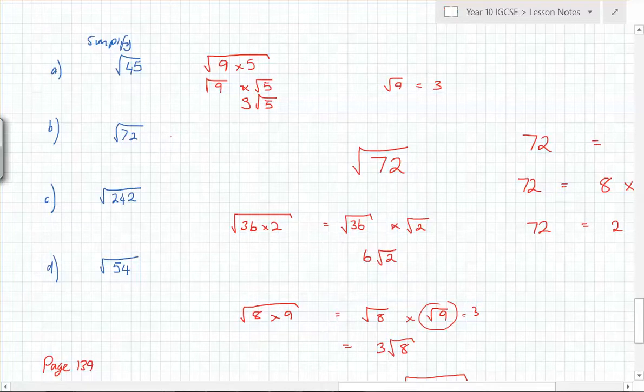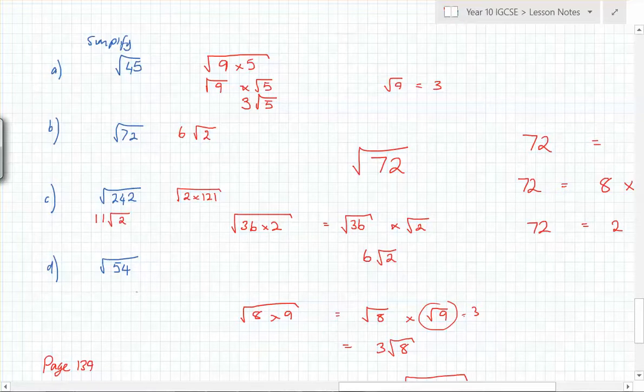So we knew that 72, we've just done it. So we said 6 root 2. What about root 242? 2 times 121. Okay. So that would be 11 root 2. Good.